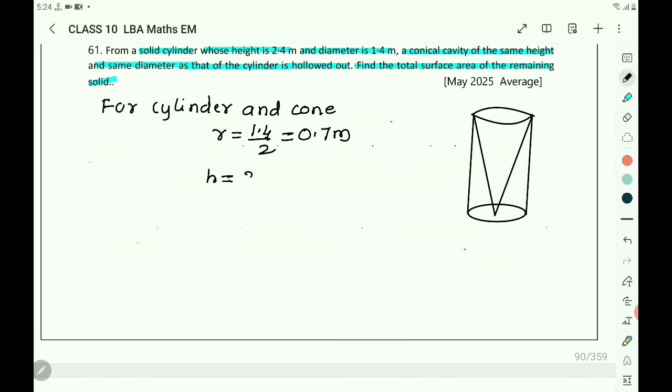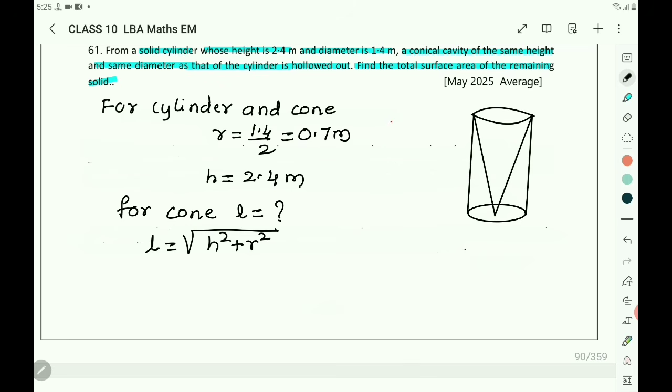H equals the same, 2.4 meter. Then we have to find out for cone L equals question mark. Which relation we have to use? L equals root H square plus R square, which is equal to root of H, 2.4 whole square, plus R, 0.7 whole square.